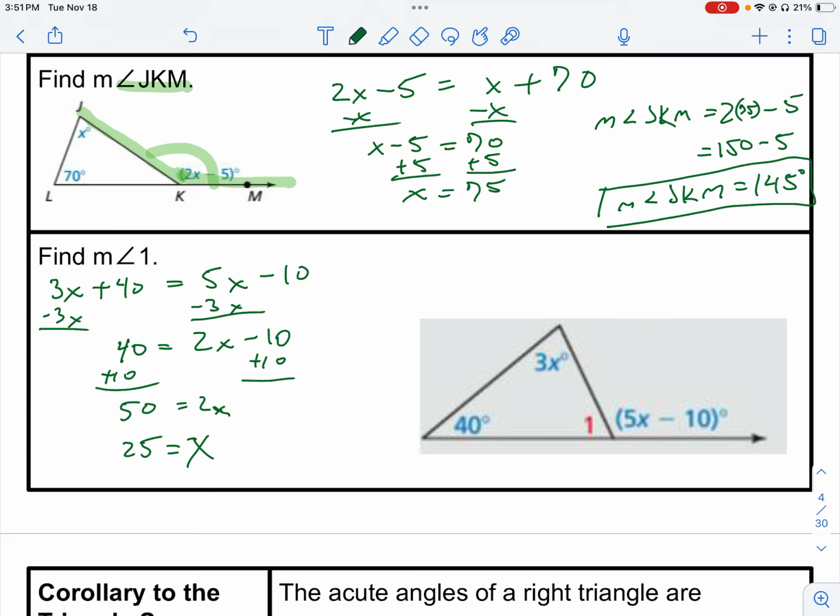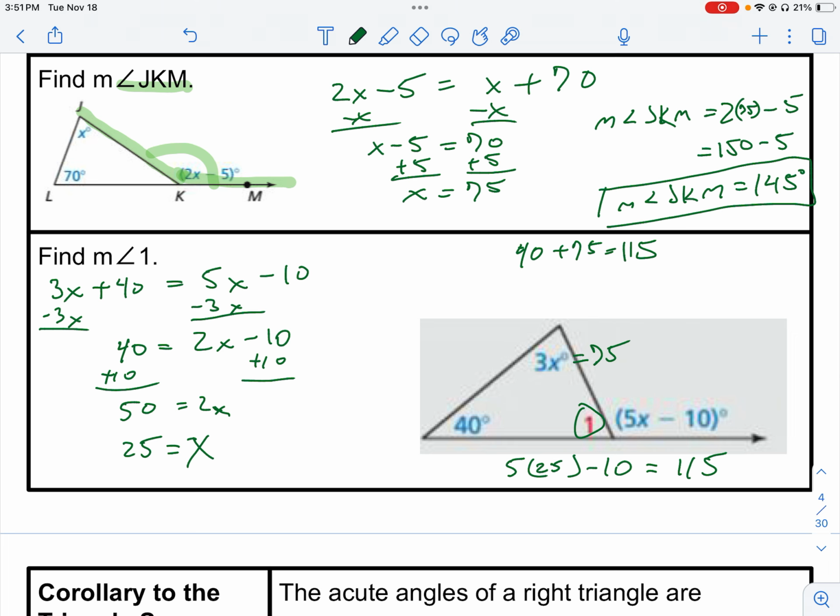So 3x equals 75, 3 times 25, plus 40. And let's plug it in here. 5 times 25 minus 10. 5 times 25 is 125. Minus 10 equals 115. So it is indeed true.